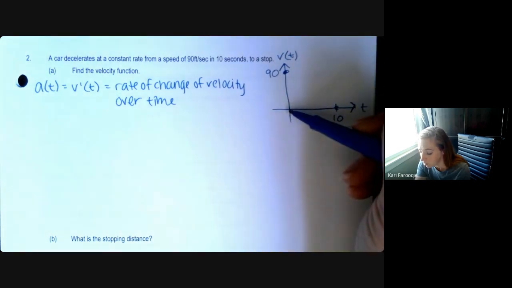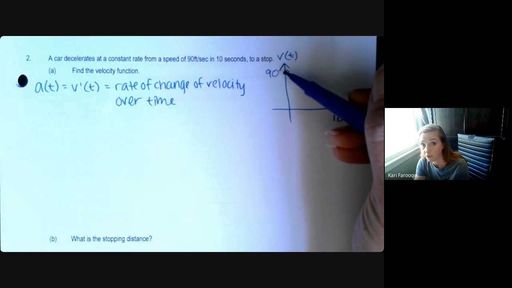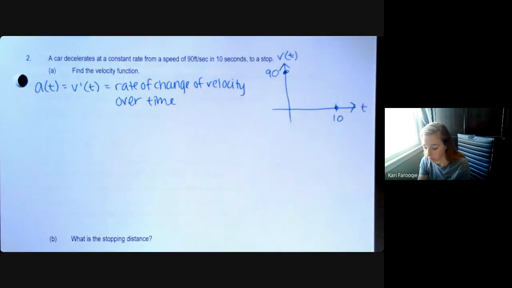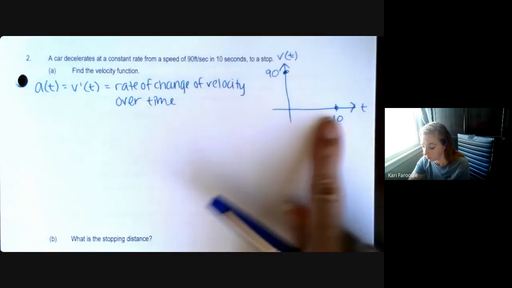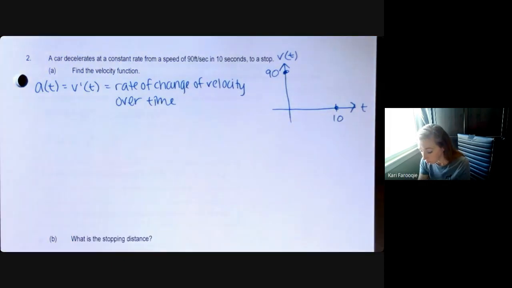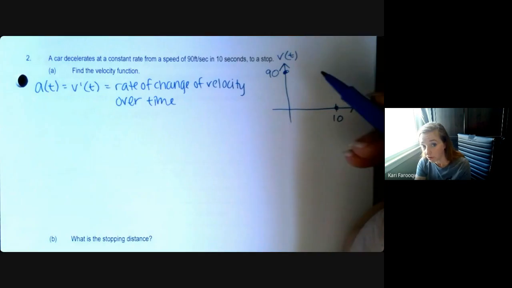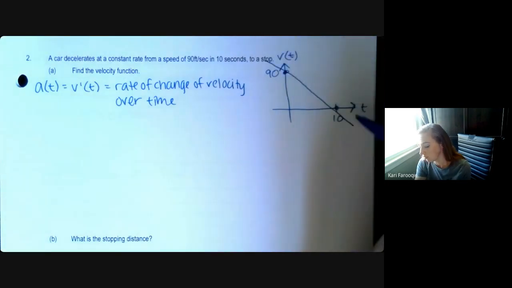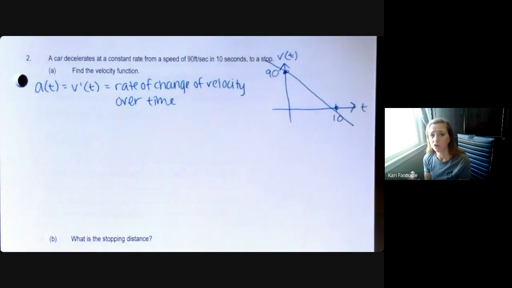So at time equals 0, you were traveling at a speed of 90 feet per second. And then at time equals 10 seconds, your velocity was 0 because you came to a stop. So the velocity is all the way down here. Since you're decelerating at a constant rate, your slope is constant. The rise over run is constant. It's supposed to be a straight line. I'm sorry, I did the best that I could to make a straight line. I should have just used a straight edge, but I did not.